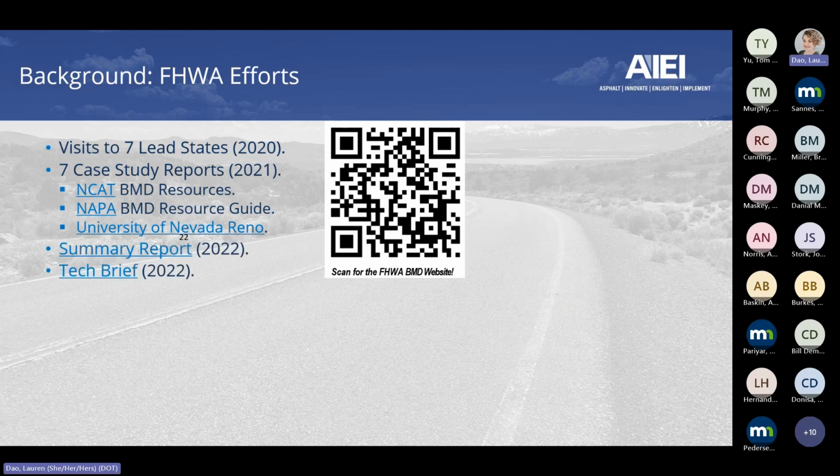I really encourage you to look at those reports because they talk about the states' experience and their lessons learned while implementing balanced mix design. Obviously they are at different stages of implementation.